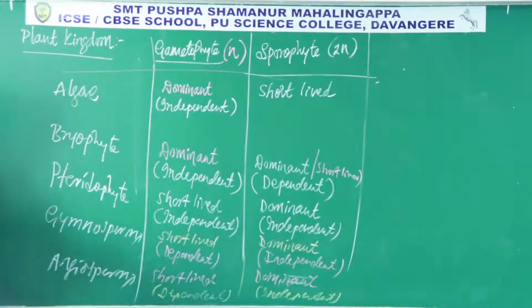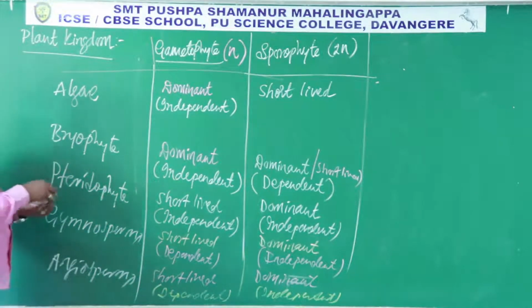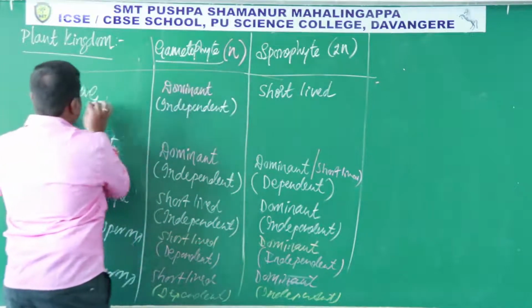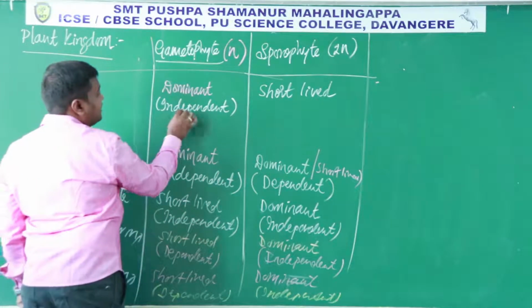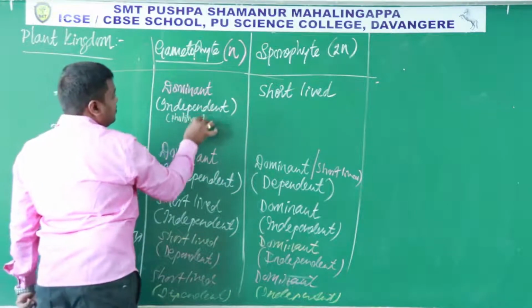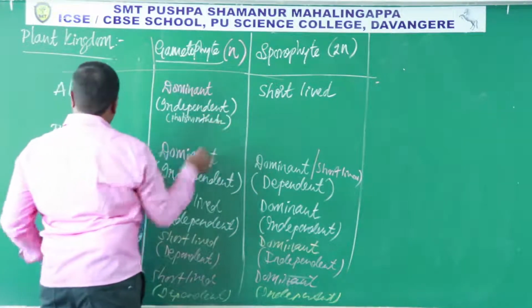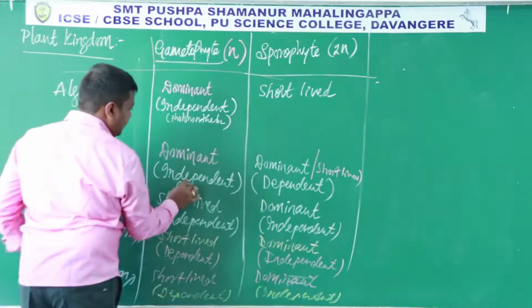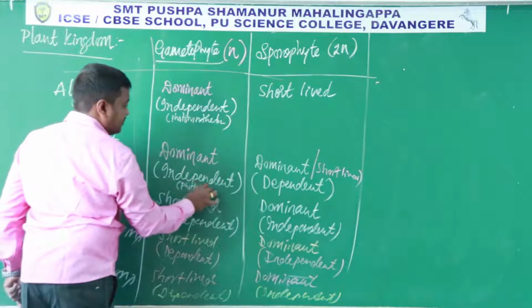With respect to their independency, observe the gametophyte of algae: it is independent, that means it is photosynthetic. In bryophytes also, wherever it is independent, that means it is photosynthetic.